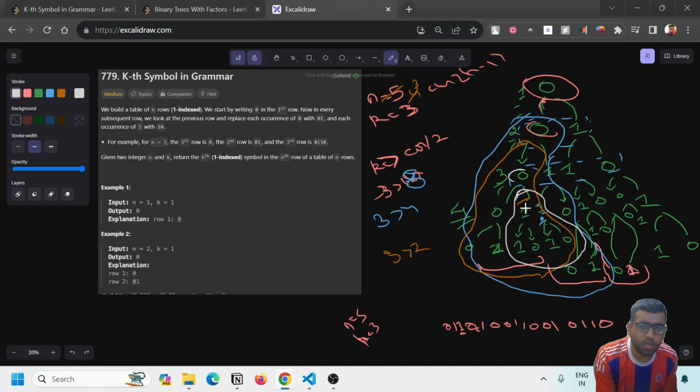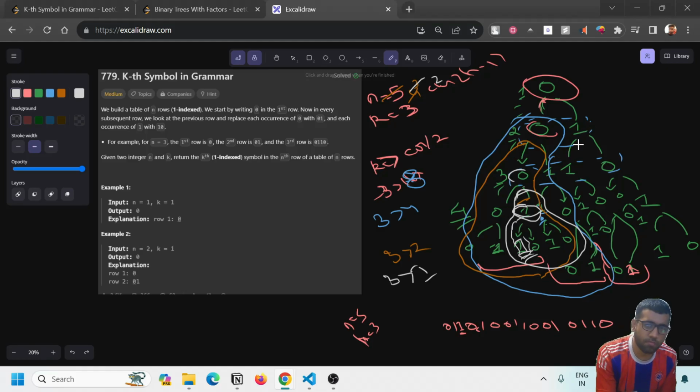So 1, great, we are here, and 2 to the power 2 is 4, 4 minus 1 is 3, divided by 2 is 1. 1 is obviously not greater than 1, so we'll go to the left. This is the third element. So it successfully found the third element, that is 1, and we can return it.